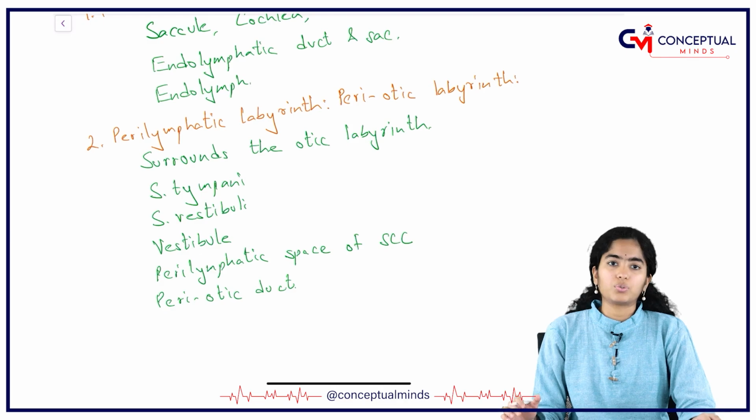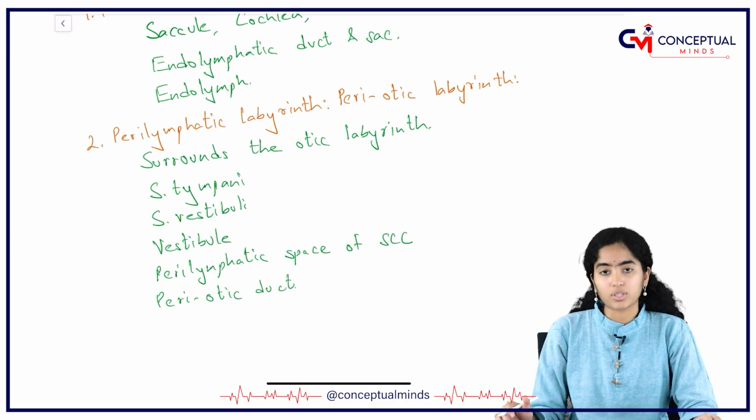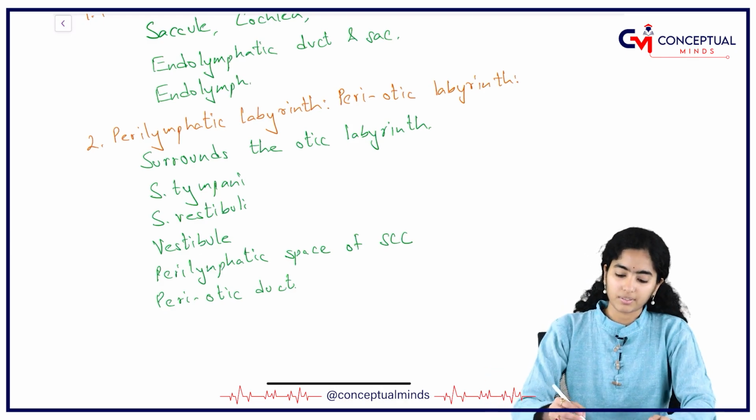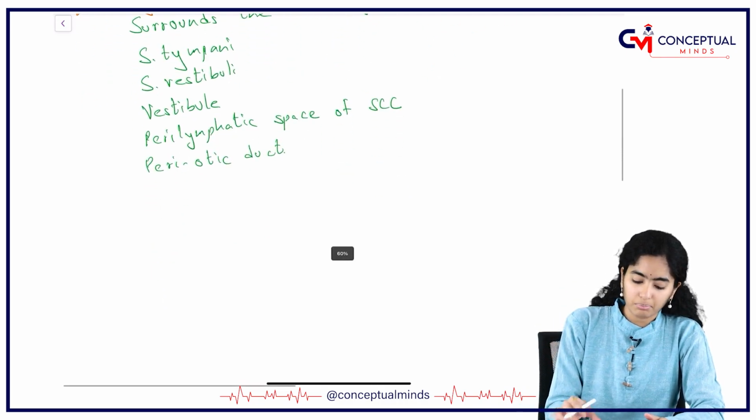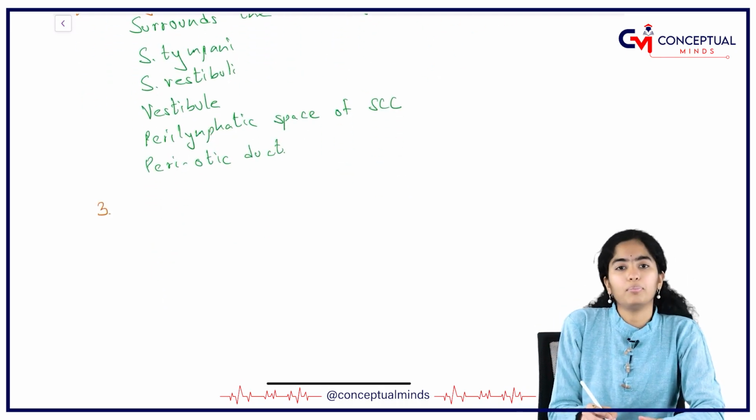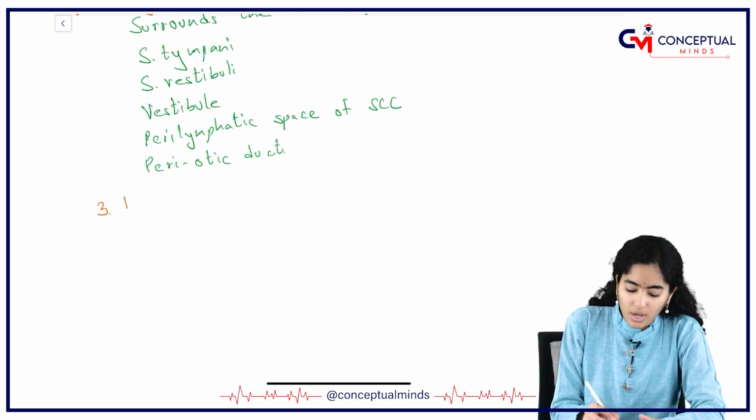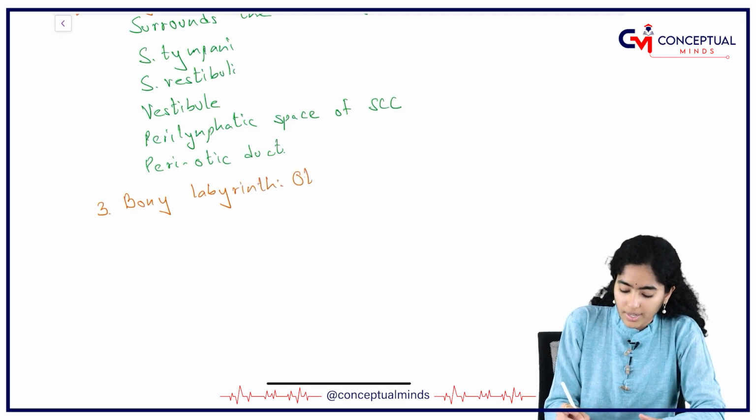All these constitute the perilymphatic labyrinth or periotic labyrinth. And finally, the third part is the bony labyrinth, also called the otic capsule.